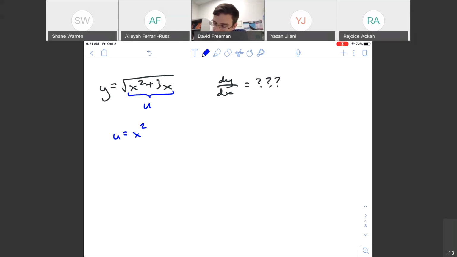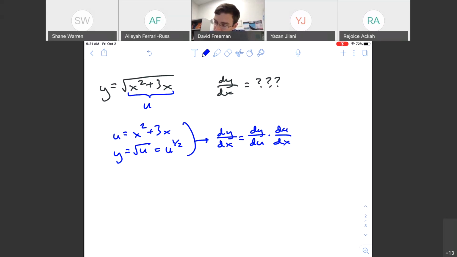So u is going to be x squared plus 3x, and that means y is just the square root of u, which we could rewrite as u to the 1/2, which is a good idea since we're going to be using the power rule to take a derivative. If we set it up that way, then dy dx is dy du times du dx. dy du is 1/2 u to the negative 1/2 by the power rule. du dx is 2x plus 3.